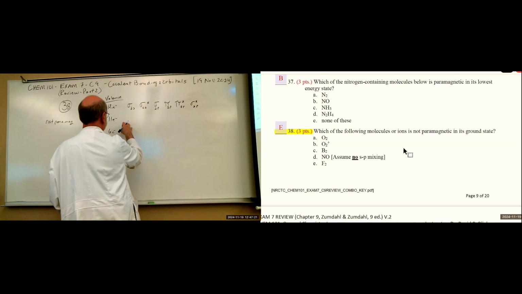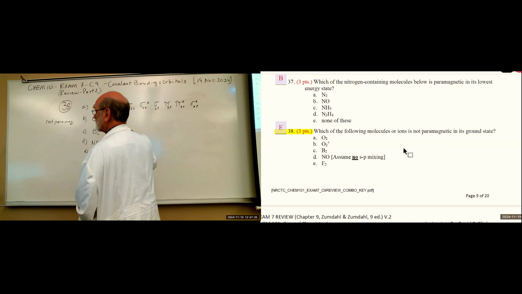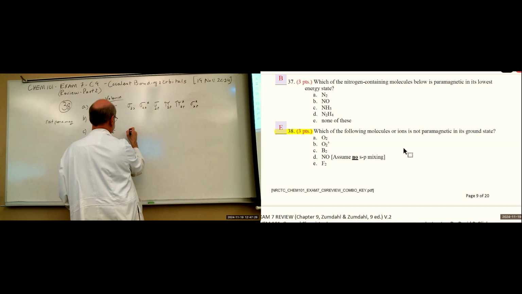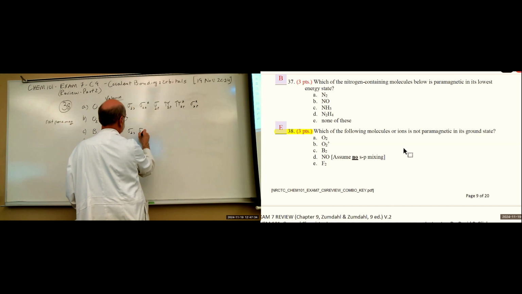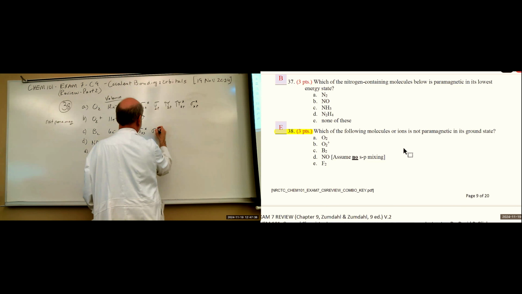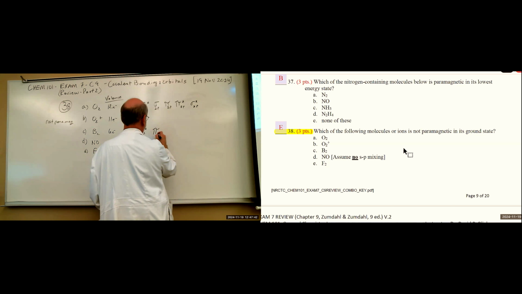This one's going to have the same setup. Boron is going to have mixing, so boron's going to have 2s, a sigma, no, it's going to have a pi first.